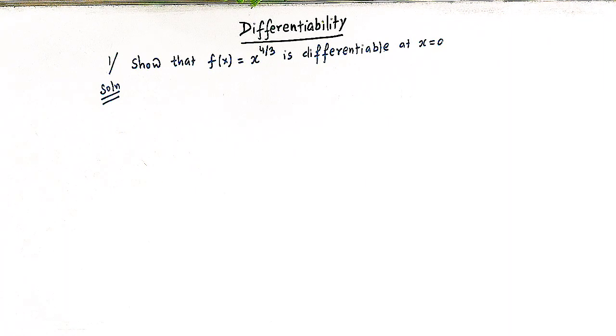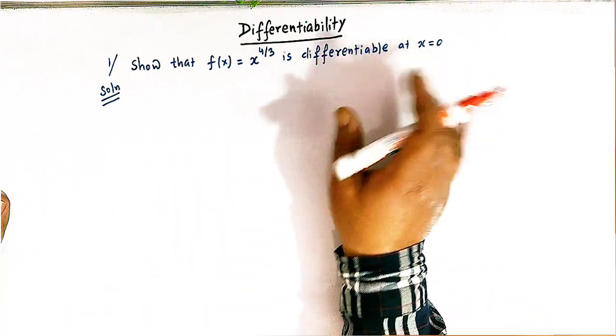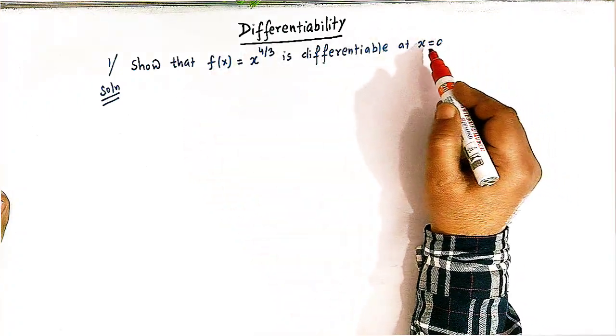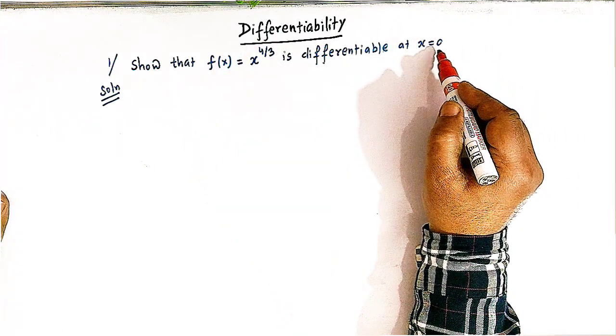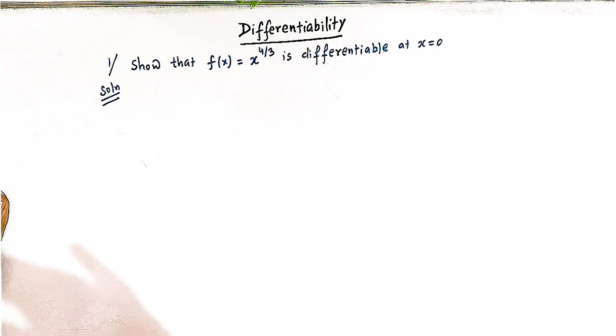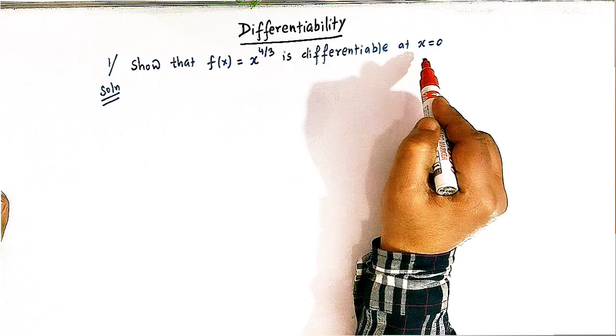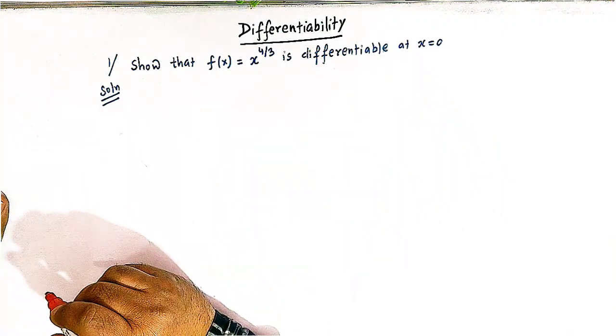So we have to show that the derivative of this function at x equal to 0 exists.